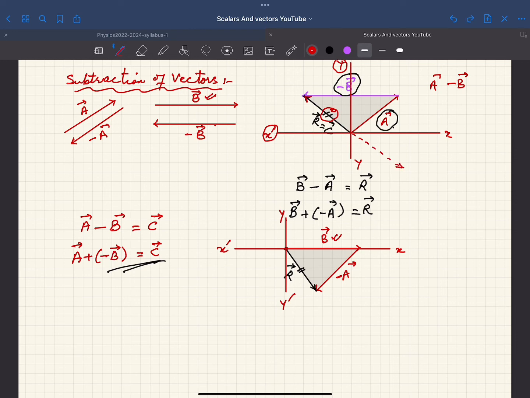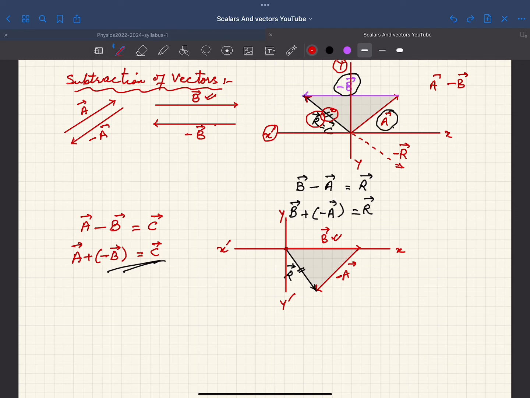Why? Because here you have taken your B as positive and your A as negative. So the resultant vector will also be a sort of negative of your first vector. So these are just opposite to each other.